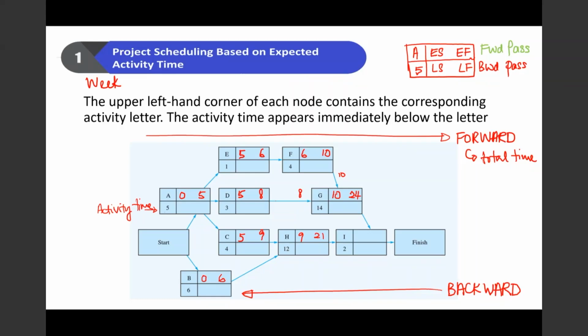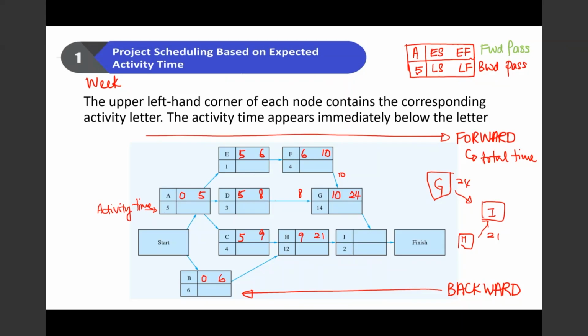Okay, so now, activity I. When is the earliest activity I can start? Precedent activities for I are G, which finishes at week 24, and activity H, which finishes at week 21. So when can activity I start?